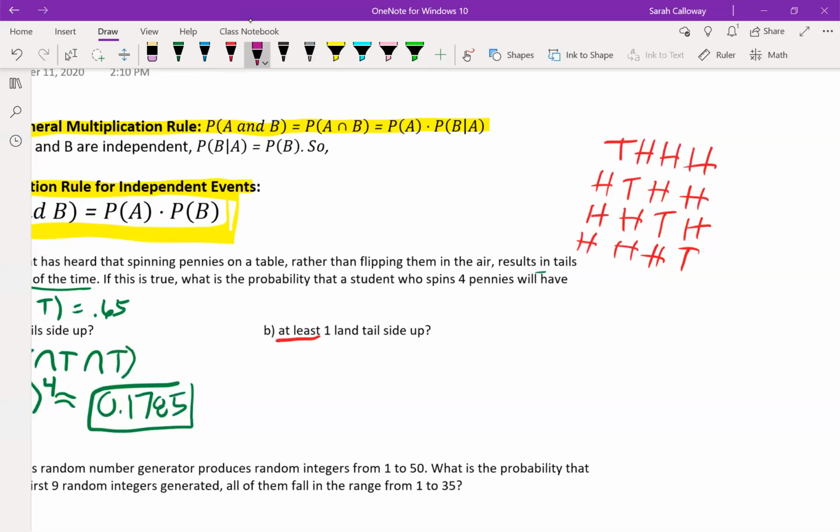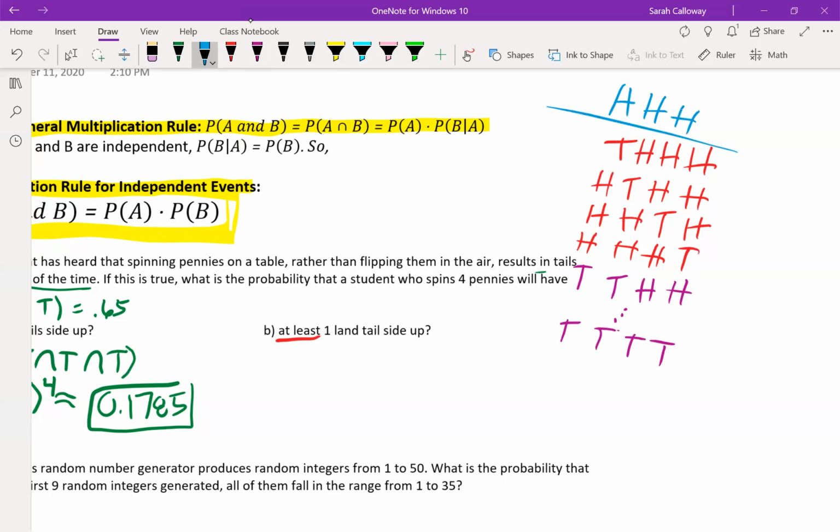This says at least, so that means that I could also have 2 land tail side up, all the way to all of them landing tail side up. So this is a really big sample space in terms of what qualifies as this event. What's actually easier is thinking about the complement of this event, which is that none of them land tail side up.